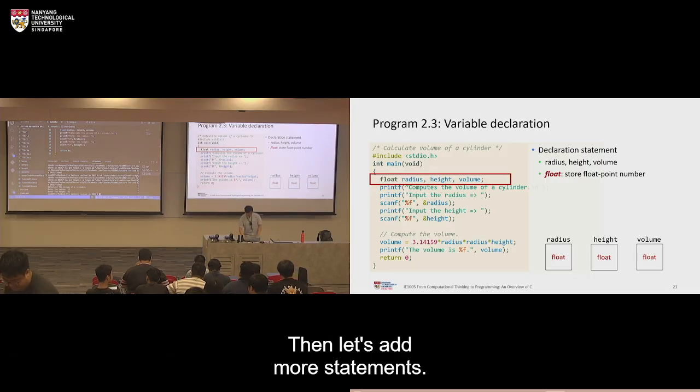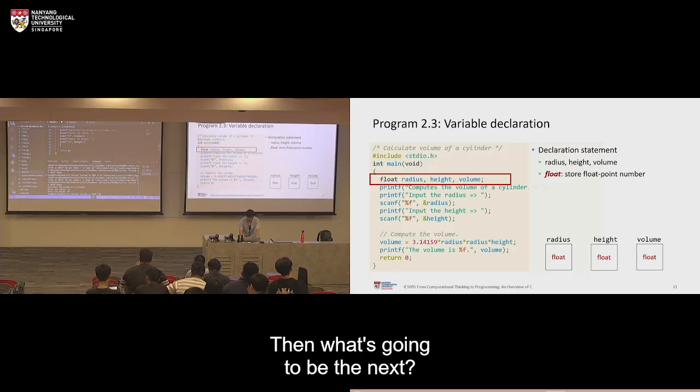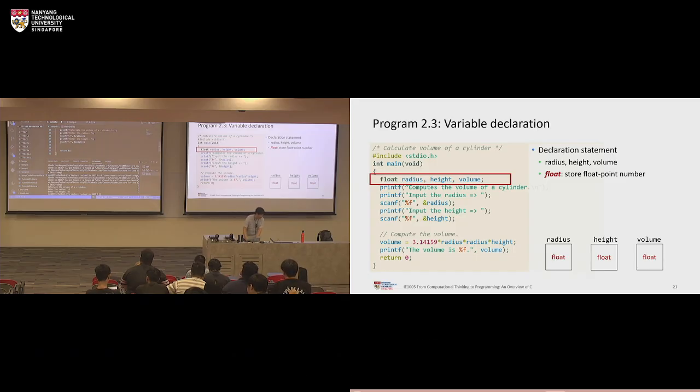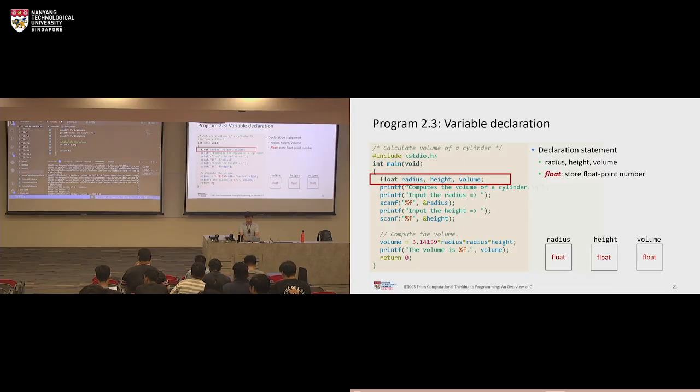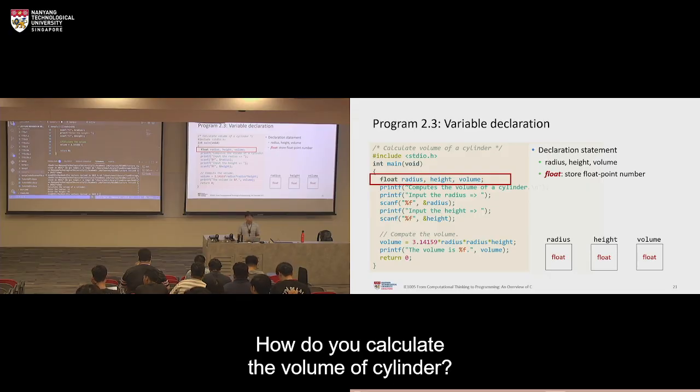Then let's add more statements. What's going to be next? Then calculate the volume. The volume equals 3.14 times... how do you calculate the volume of a cylinder?